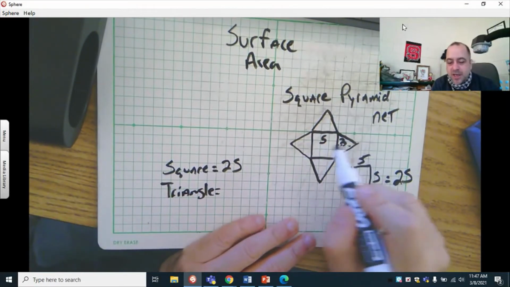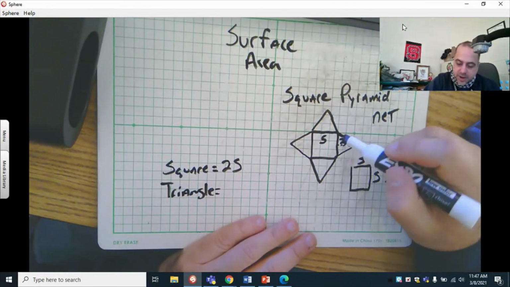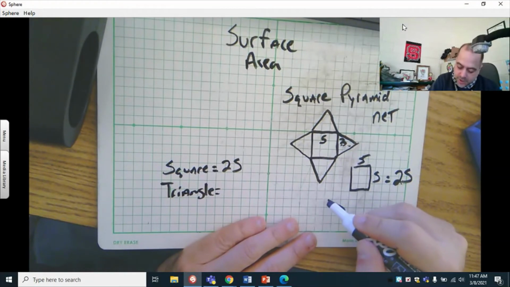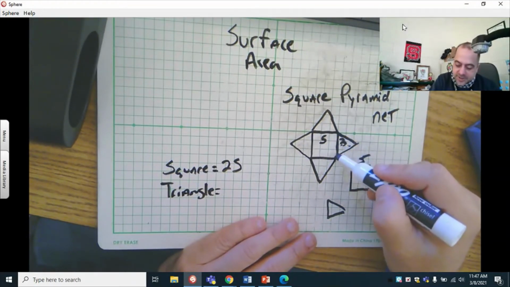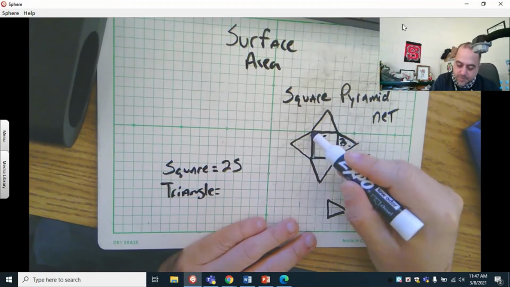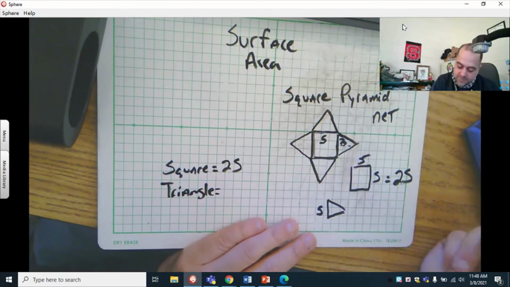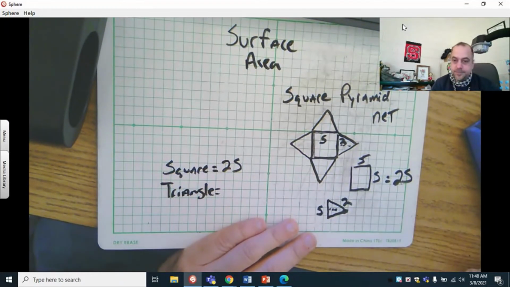So let's look at any triangle. They're all the same. Let's look at this triangle right here. We already said that these lines are 5, right? The square is 5 on each side. So the base is 5. And the height was 2.